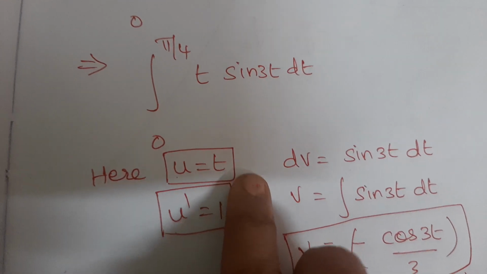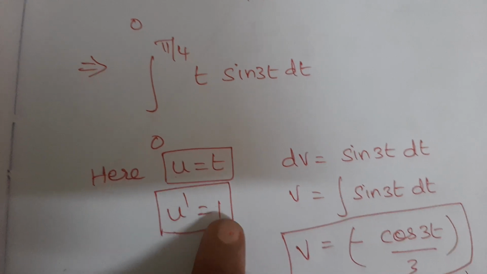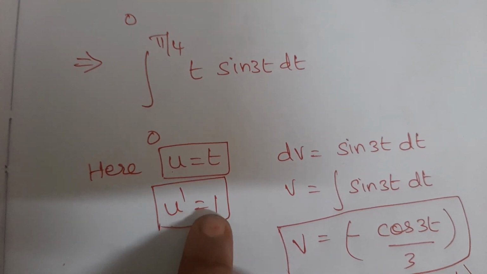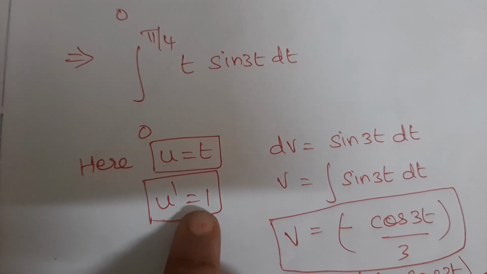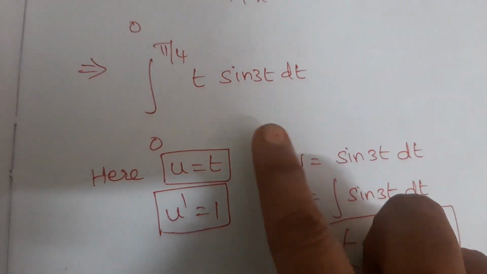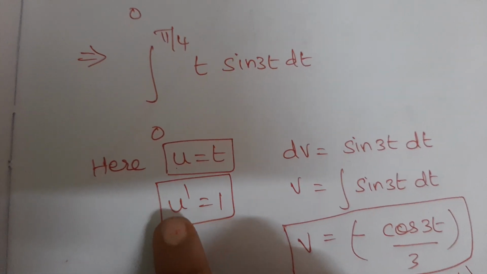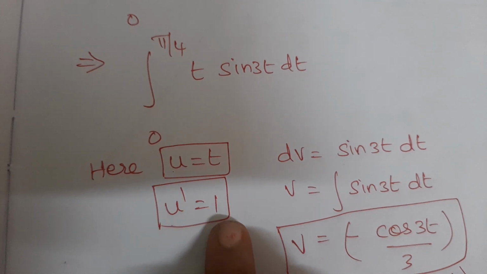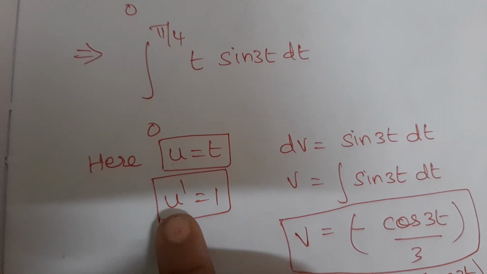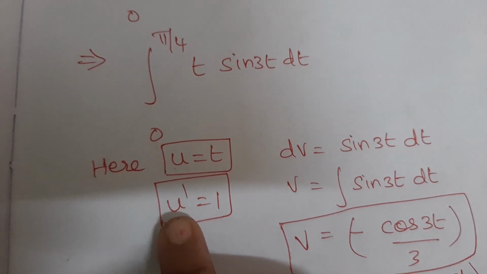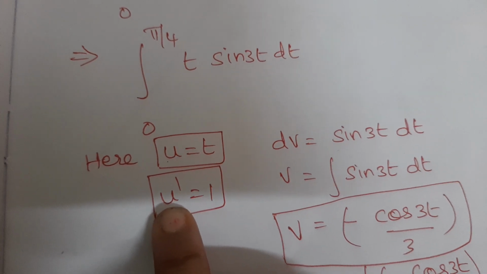So u is equal to t. What is u dash? It is equal to 1. In the first derivative itself I am getting the constant, so I can stop the formula at v1.